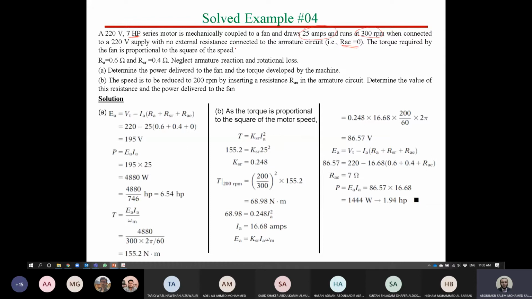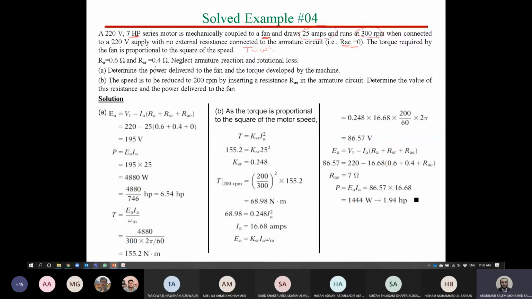Of course guys, this sentence is considered as an extra sentence in our example, because all of us know that fan load means torque is proportional to omega squared. So just as he mentioned here, it's a fan, so we can recognize that torque is proportional to omega squared.